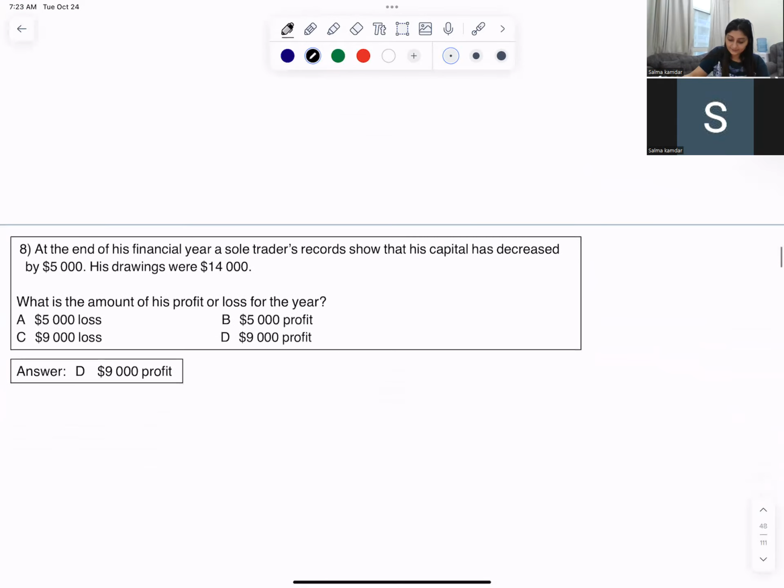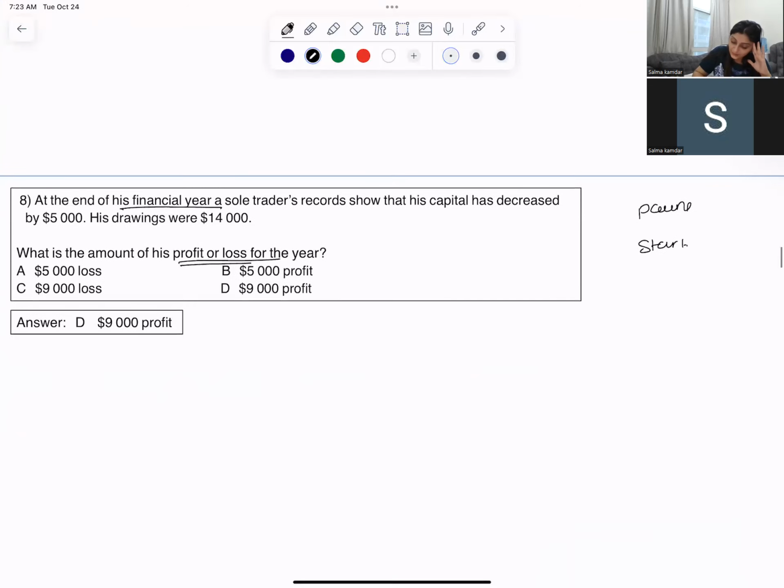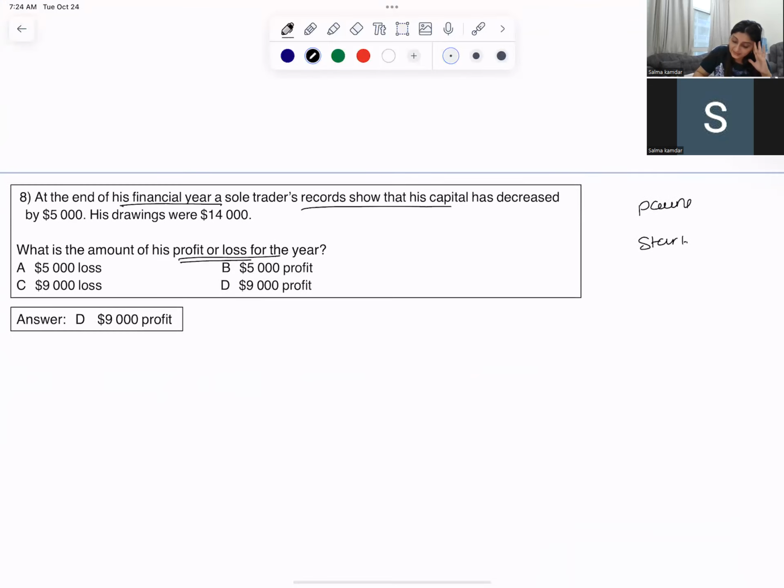Here again, they want you to find out profit or loss. Pause, start. At the end of the financial year, sole trader's records show that his capital has decreased by 5,000. Here they have not given you the opening capital.